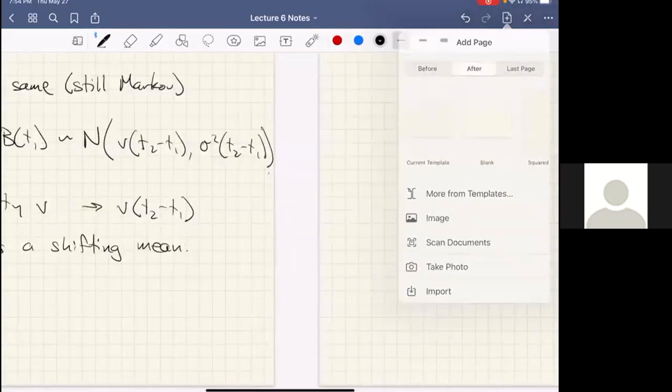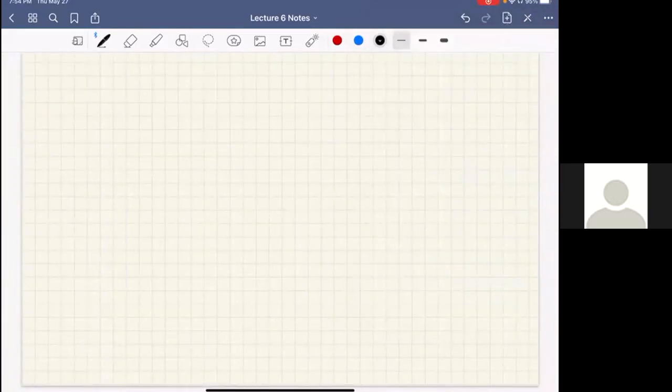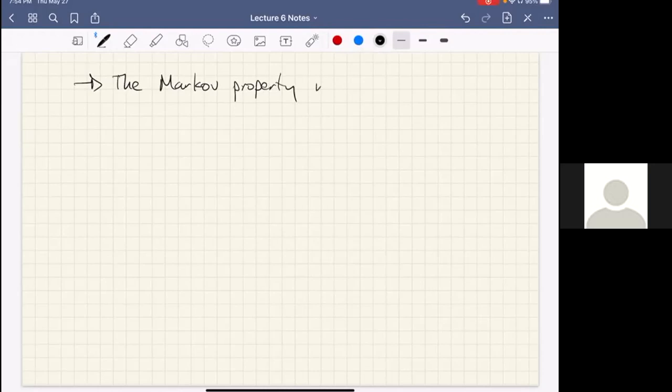Another fun thing about the Wiener process, whether with drift or without drift, is that it's relatively easy to simulate. The Markov property makes the Wiener process easy to simulate.